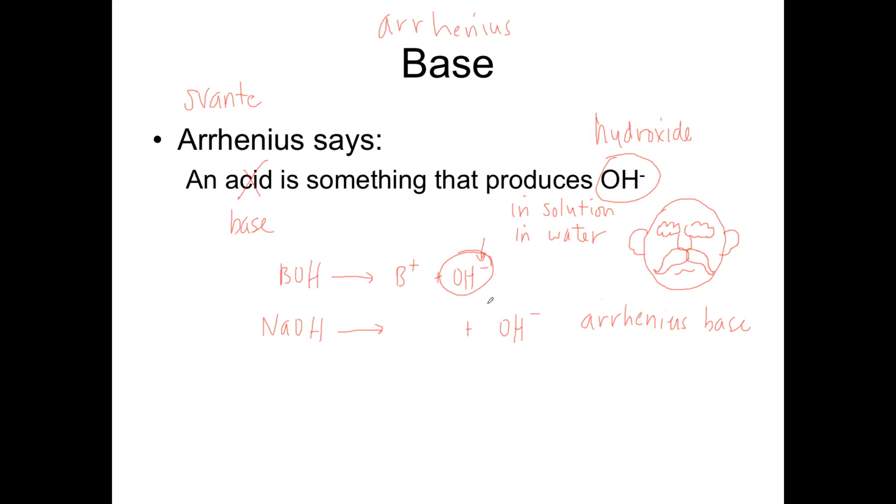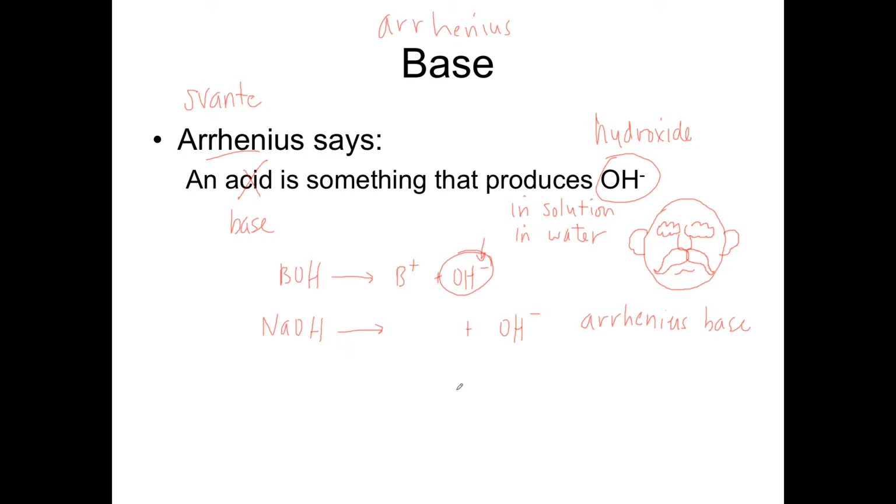Okay, so Arrhenius says that a base is something that produces hydroxide. By the way, the reason I keep saying Arrhenius is because there's a couple definitions of bases. And this was a super valuable one, and I want you to hear that name, look at it, think of it. An Arrhenius base is something that produces hydroxide in solution.